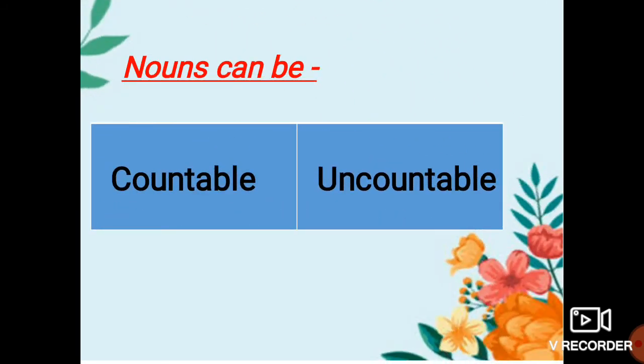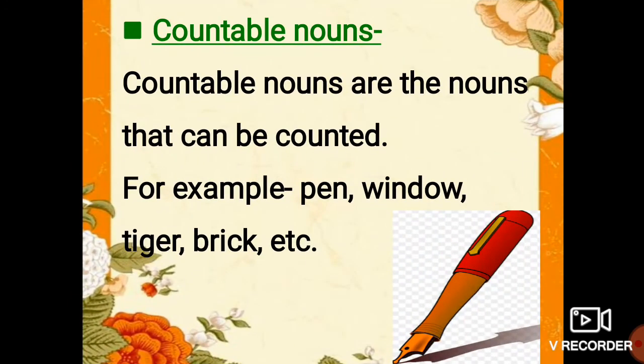Now, we can study that nouns can be countable or uncountable. So, countable nouns. Countable nouns are the nouns that can be counted. For example, pen, window, tiger, brick, etc. These are the nouns which can be counted.